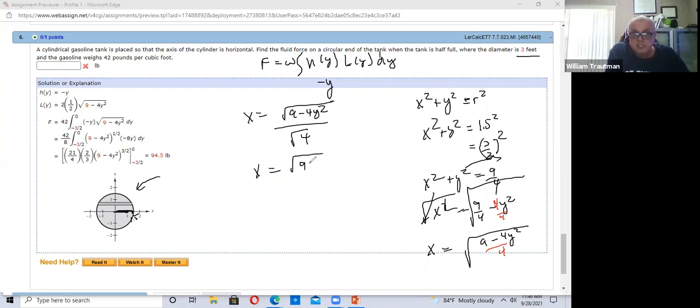So this is 9 minus 4y squared over 2. And if you look at the ly, what they did was take the 1/2 out of there.